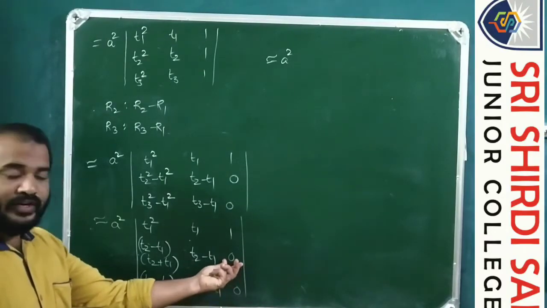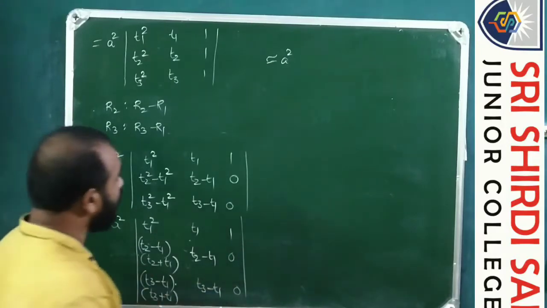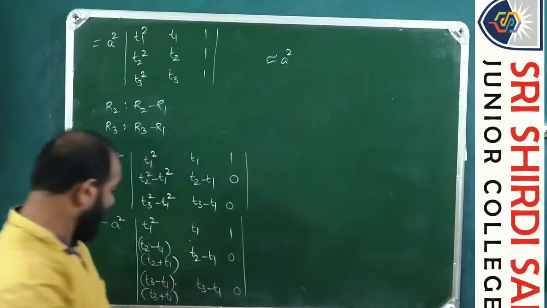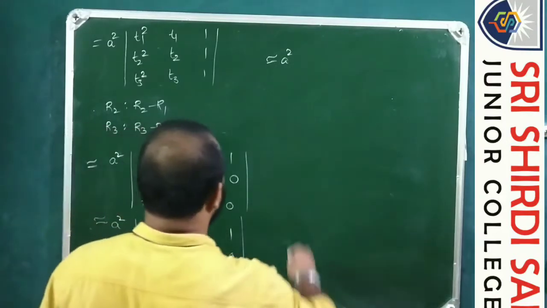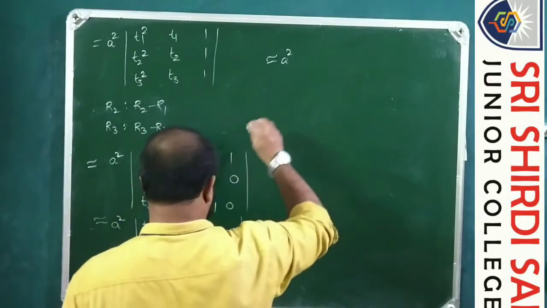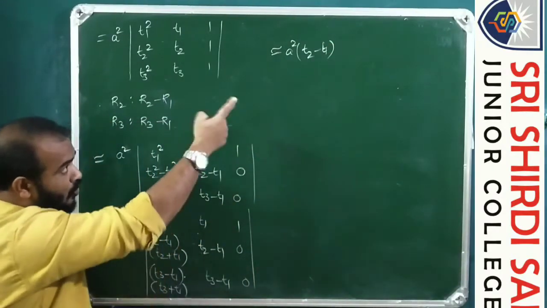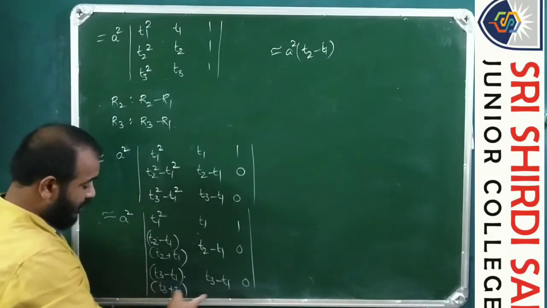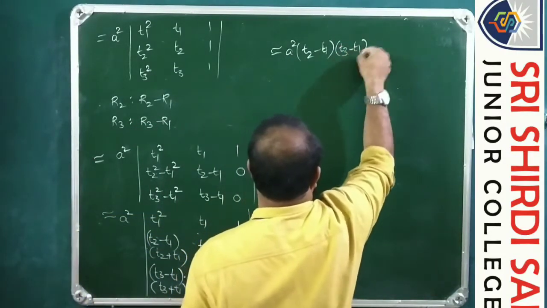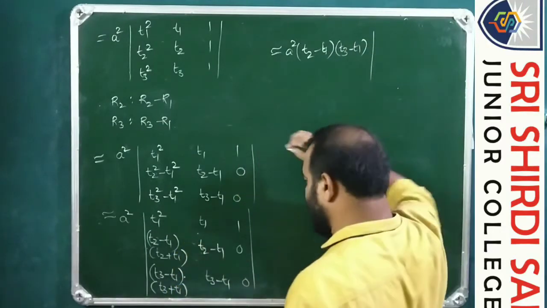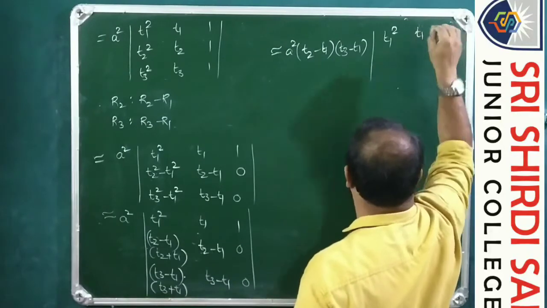Here 0 into T2 minus T1, if I take common, then 0. In the same way here also T3 minus T1 can be taken common from the third row. So A square into T2 minus T1 from the second row, and T3 minus T1 from the third row.